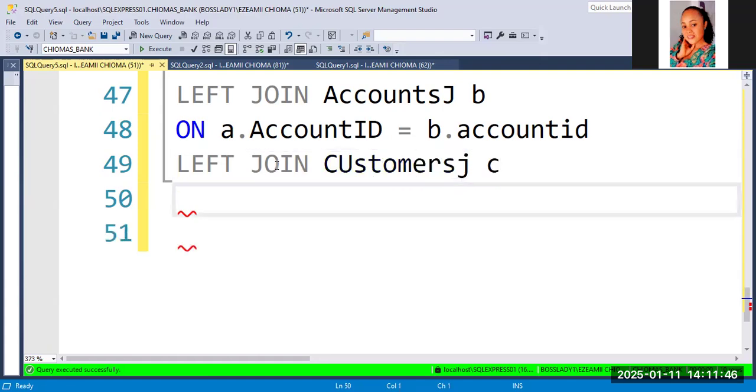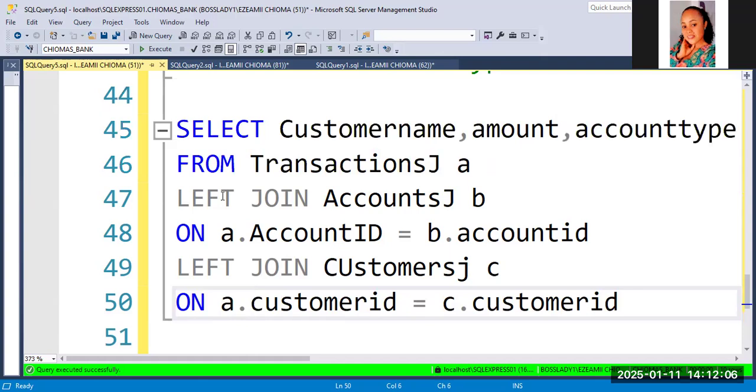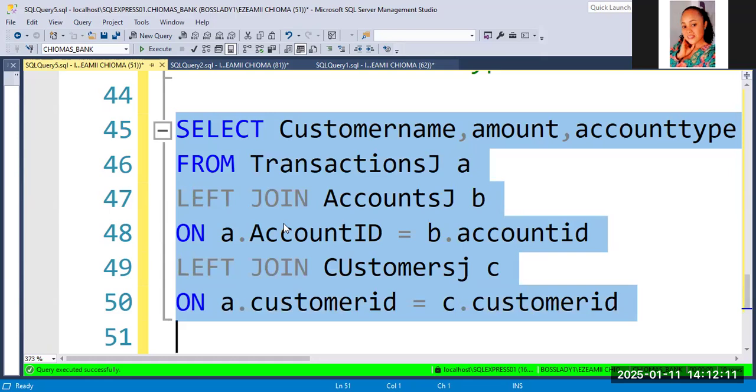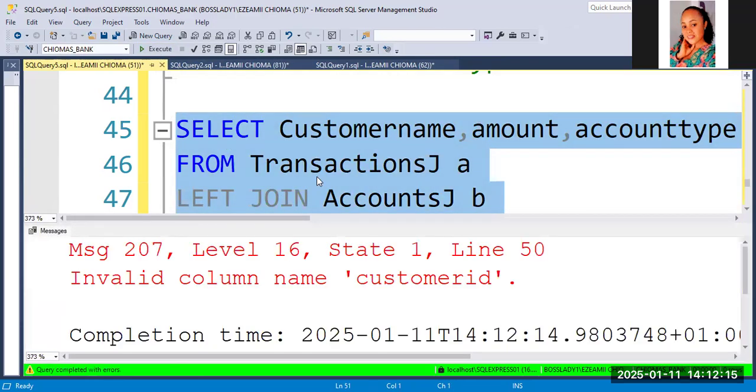We give it C. We're going to join it on, can do customer ID. Sorry, A dot. So let's run first and see. Invalid column name, customer ID.